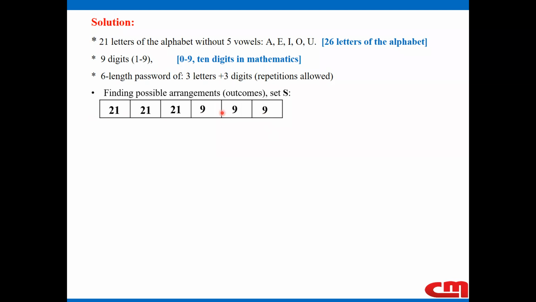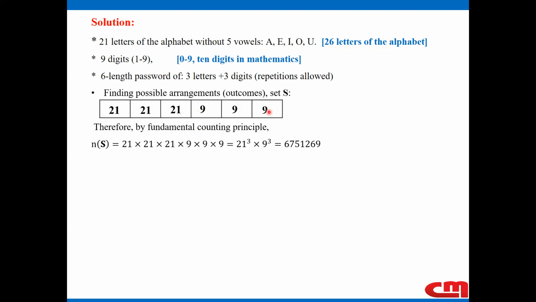Therefore, by the fundamental counting principle, since these numbers, as they are written, represent the choices in the 6 different positions, together we apply the fundamental counting principle by multiplying 21 times 21 times 21 times 9 times 9 times 9, right?